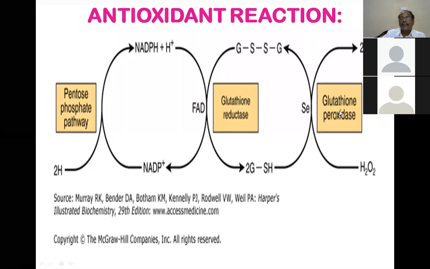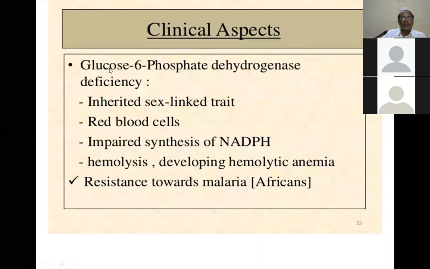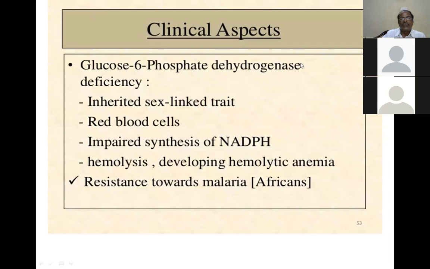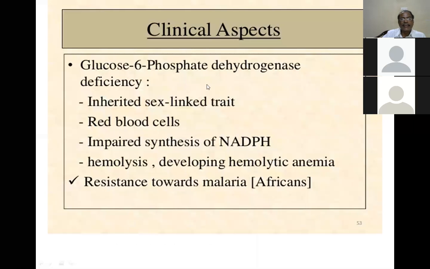And glutathione peroxidase converts the H2O2 to water and nascent oxygen. So now, glucose 6-phosphate dehydrogenase deficiency leads to inherited sex-linked trait. It is an inherited sex-linked trait.